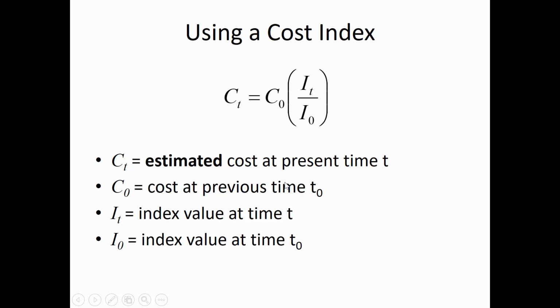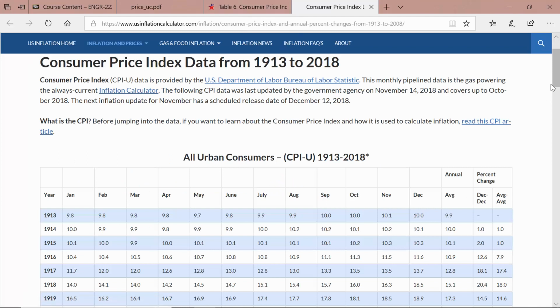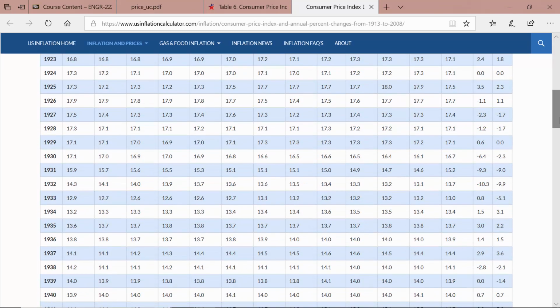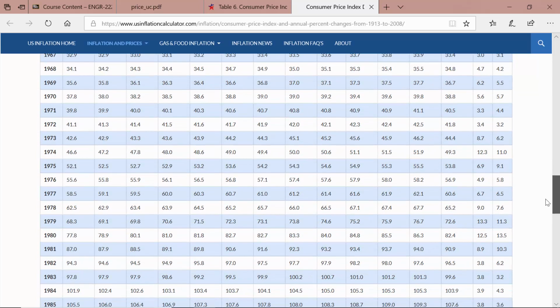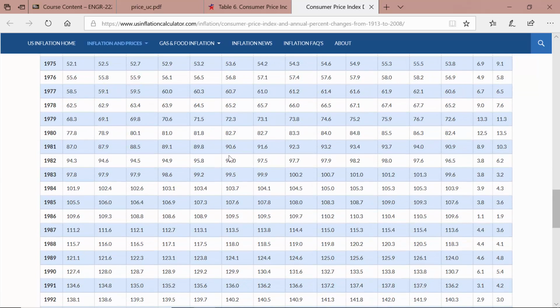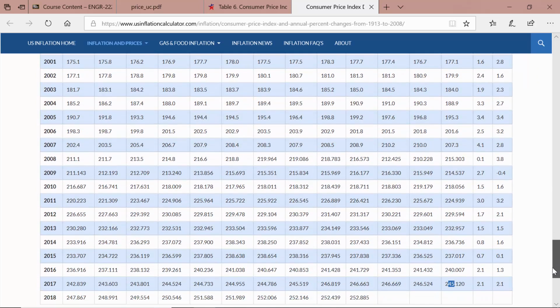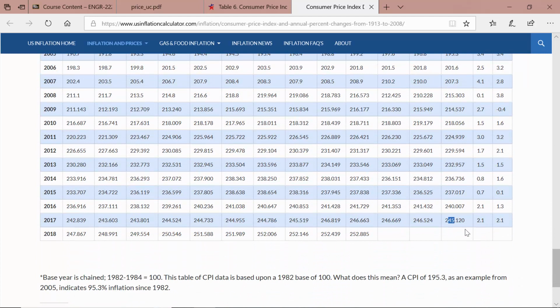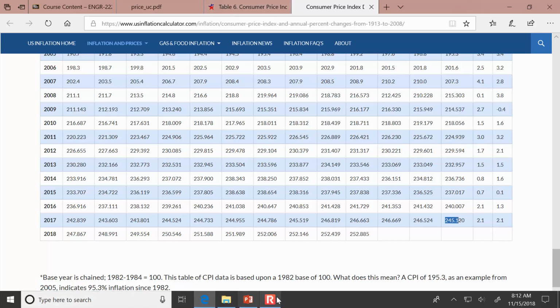And so what that means, for example, is if you knew that people were spending $100 per month on groceries back in 1982 when the index was 100, then you could expect that that same $100 per month on groceries would actually require, that same amount of groceries would actually require $245 nowadays. And so that's an illustration of how this ratio is used.